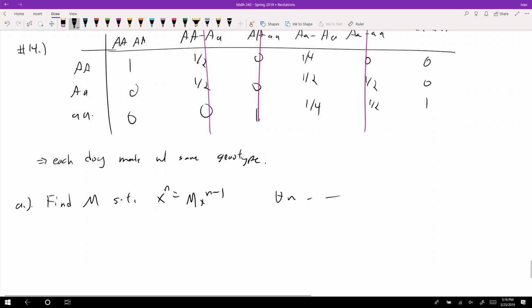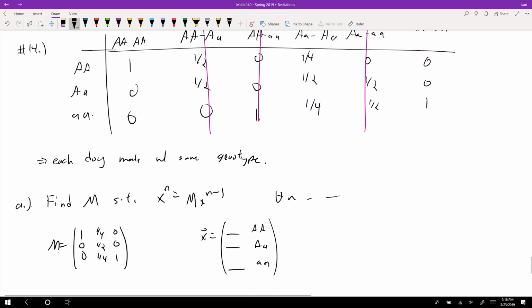So M is equal to [1, 0, 0; 1/4, 1/2, 1/4; 0, 0, 1]. And the idea is x is some distribution of AA's, Aa's, and aa's, so there's going to be some proportion in there.